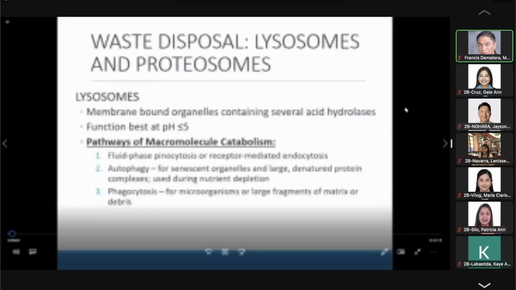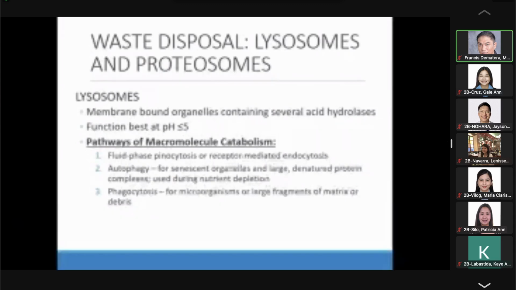So let's go to waste disposal with lysosomes and proteasomes. Lysosomes are membrane-bound organelles containing several acid hydrolases, and they function best at a pH of 5 and below. There are three pathways by which molecules from catabolism arrive.